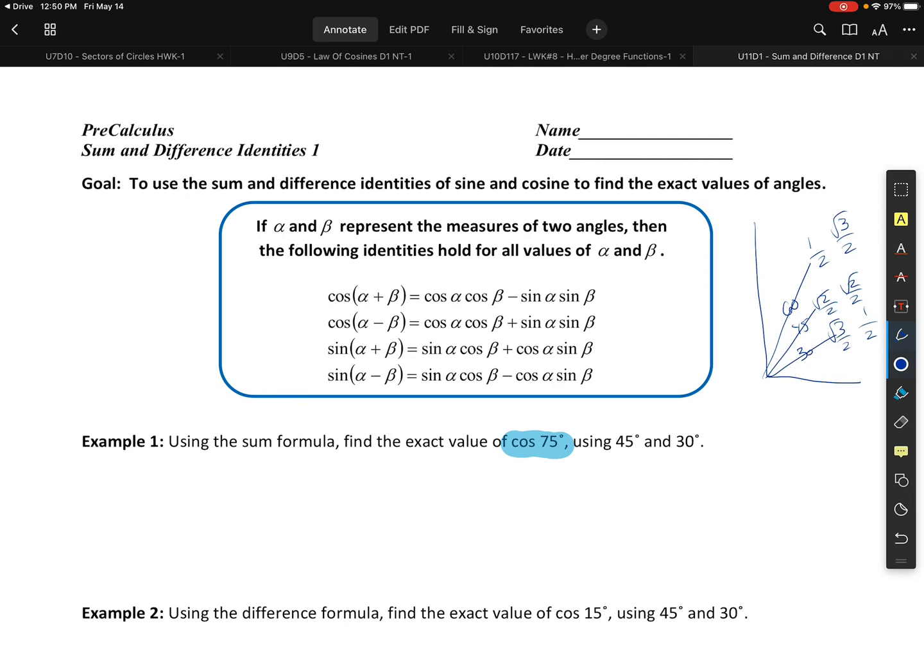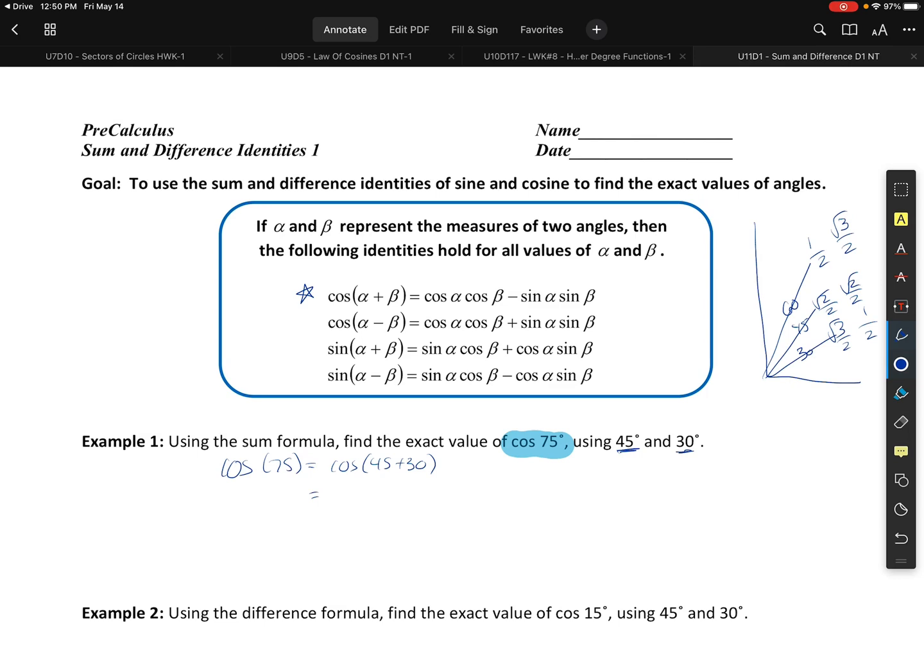So we can actually use these formulas to help us solve for cos 75 by using angles that we know from our unit circle. If I'm looking at cos 75, and I'm working with 45 and 30, that means I'm looking at the cos addition formula. So cos of 75 equals cos of 45 plus 30.